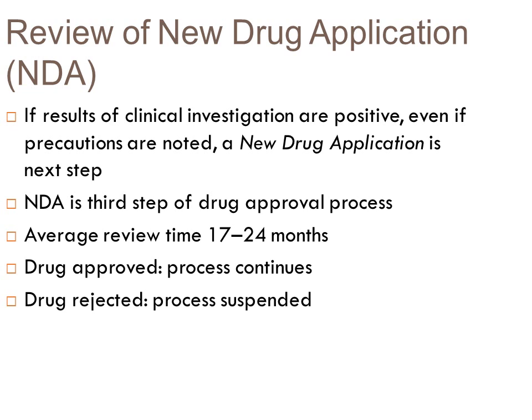Your book talks about they have at least 6 months to just initially review it, and then for the whole process to really do that full review is 17 to 24. If it's rejected, then basically that process is suspended.